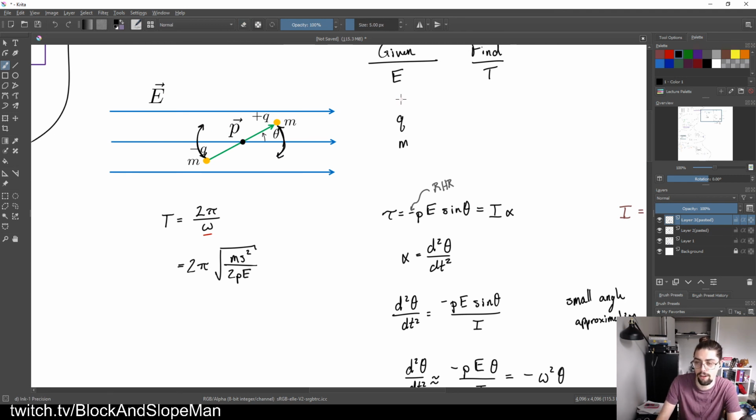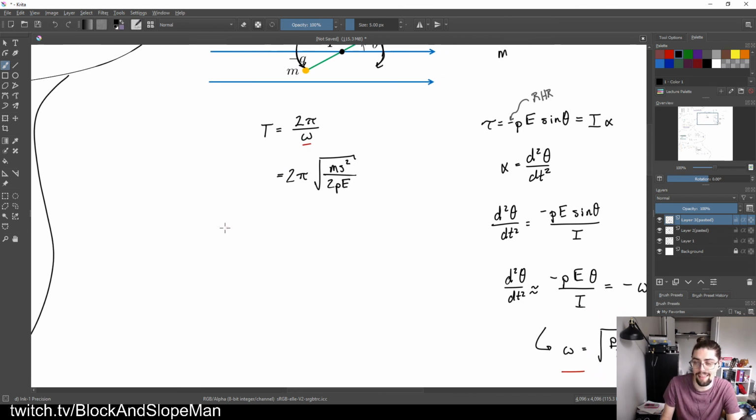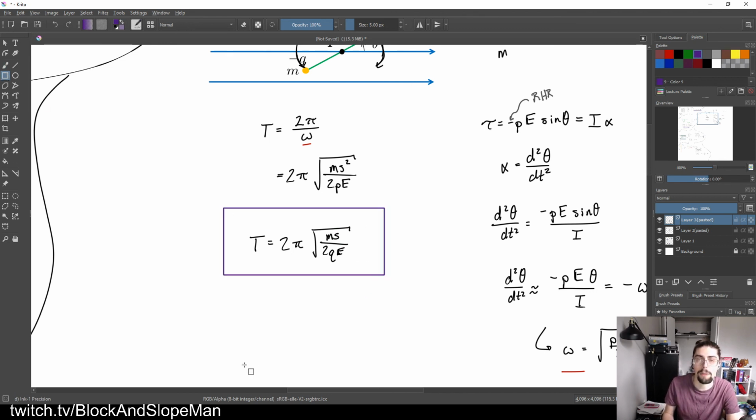I saw P on the chart and I should have read those lines a little bit more closely, but it doesn't end up making too much of a difference because P is equal to S times Q, so one of the S's on top will cancel. I know I could cancel out one of the 2's, but I'm just going to leave the 2 pi out front. Right? Who's going to stop me? And there is our final expression for the period.